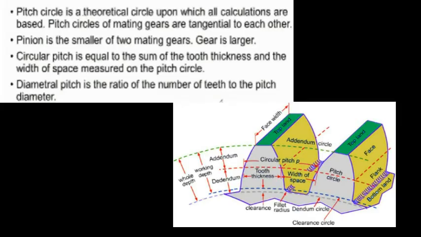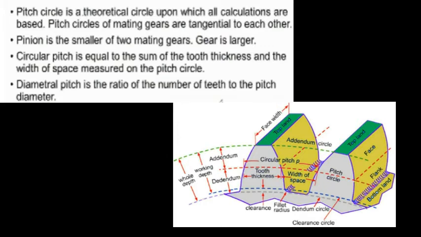Now, pitch circle is a theoretical circle upon which all calculations are based. Pitch circles of mating gears are tangential to each other, and the pinion is the smaller of the two mating gears. Here you can see a mating gear. The bigger one is called the gear, and the smaller one is called the pinion.